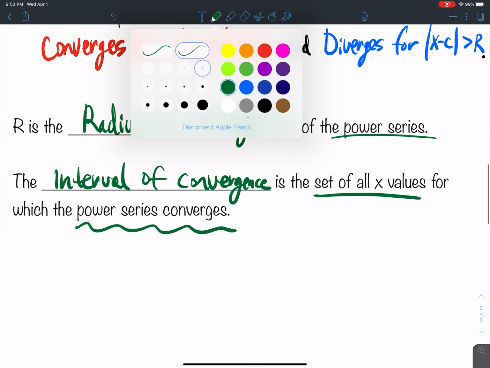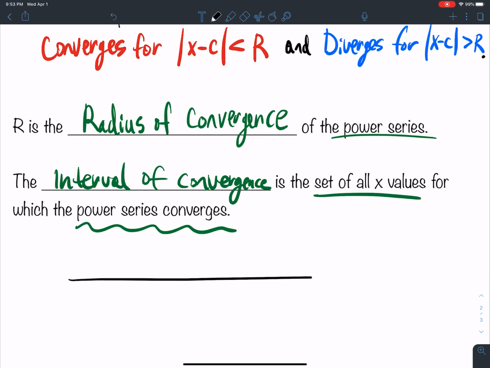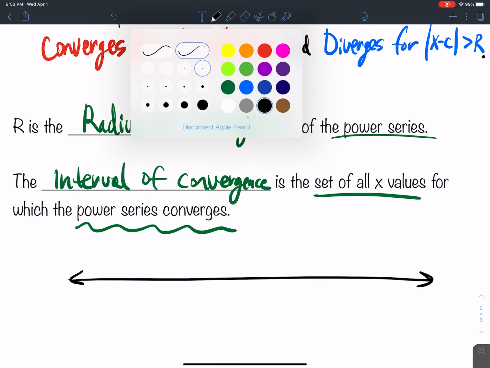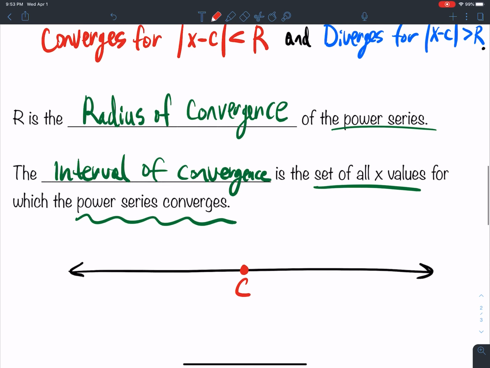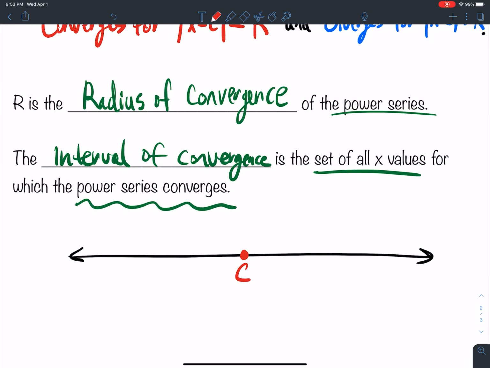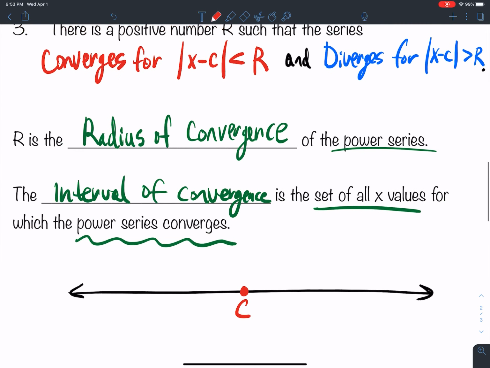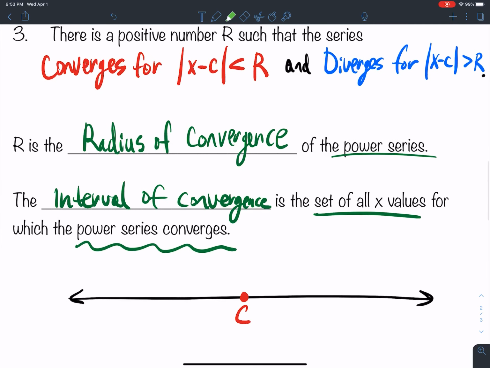Okay, so let me give you a number line here. All right, say we have some power series centered at c. c, okay, this is where it's centered. c for centered, right? Now, what are we told? We converge, okay, for some value where the absolute value of x minus c is less than r.